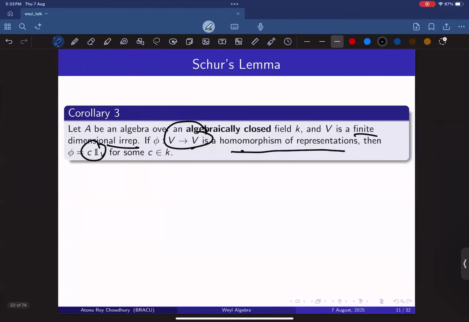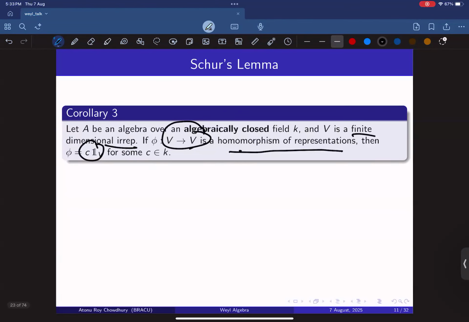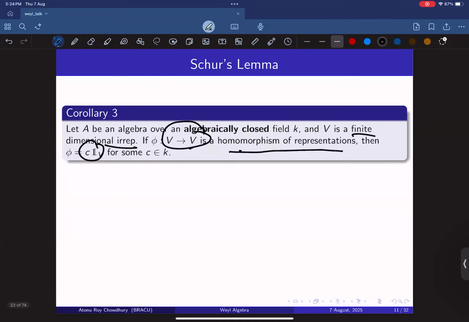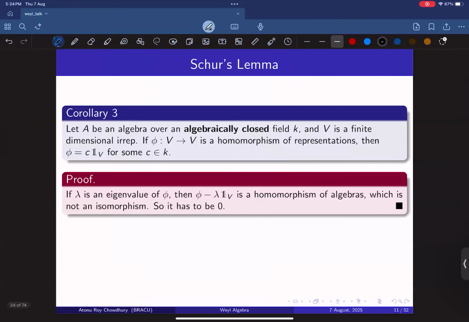This should be clear, because in this case the domain space and the codomain space are both irreducible representations, which is why we must have that phi is some constant times the identity. And the proof is very simple.